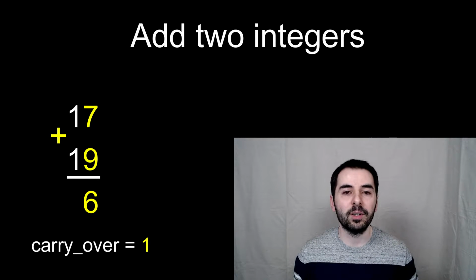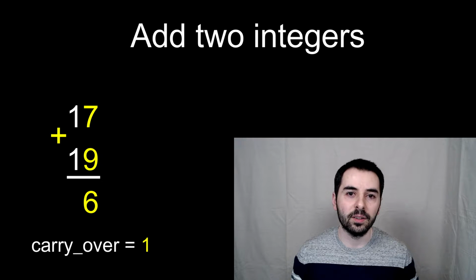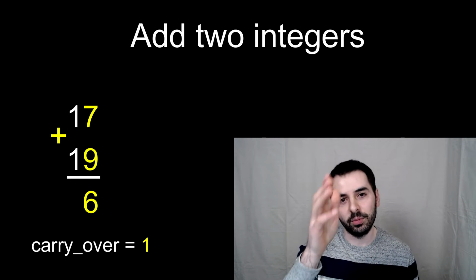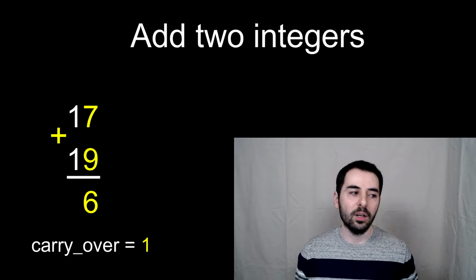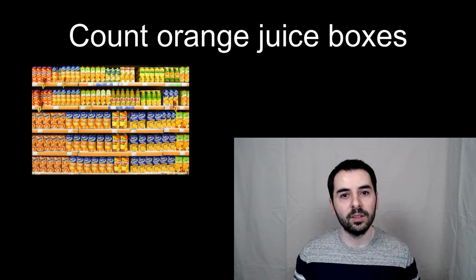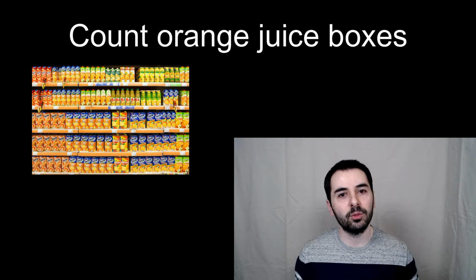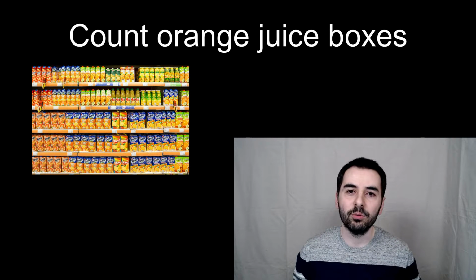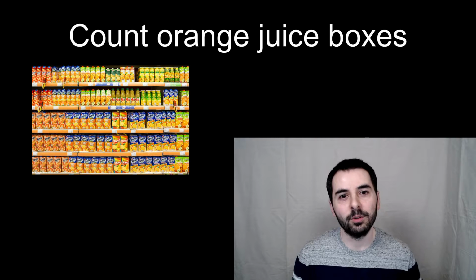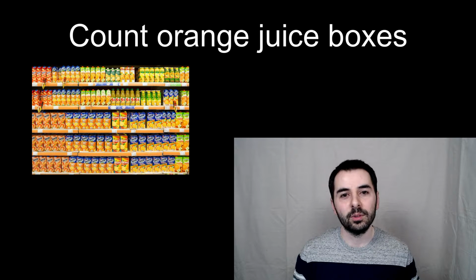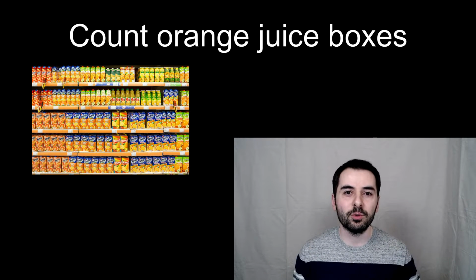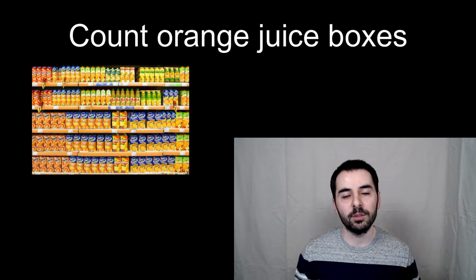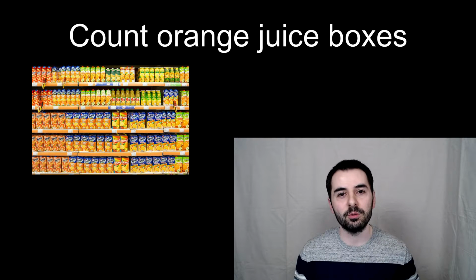So we'll have a variable to store this 1 to carry over, and then remember to add it up on the next position. Another example is, let's say we have to write a program to count the number of orange juices in a fridge. Let's say the fridge is full of juice boxes of different flavors, and we want to count only the orange juices.